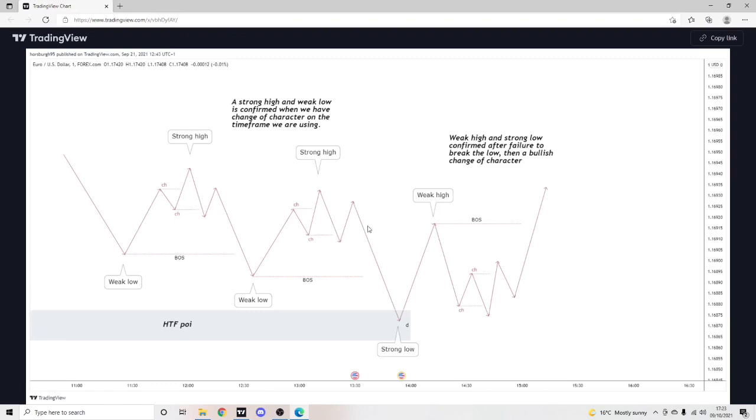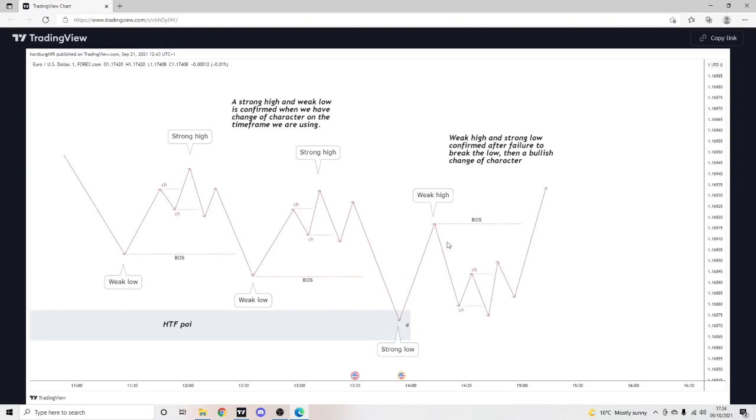Now, what's important, we come down into a hard time from POI, and this is the sort of area we want to see this happen. So we can now expect price to come up and respect this supply, so this strong high, to go on to make a new low. Now, we get the interaction, we get the reaction we want, comes down, but now demand holds.